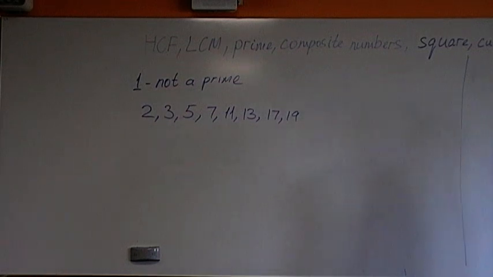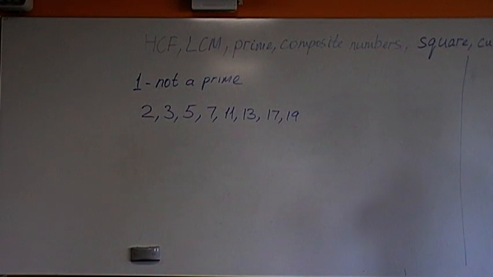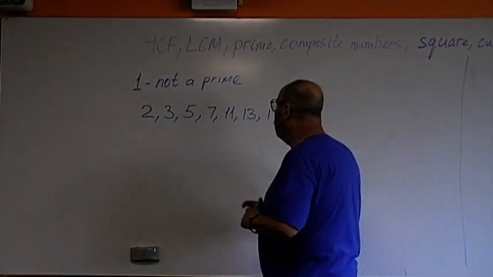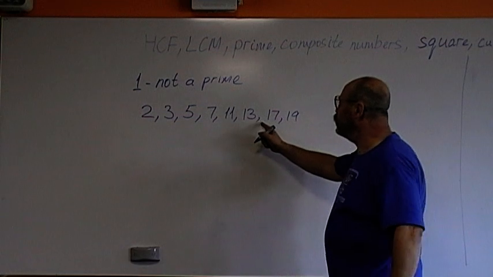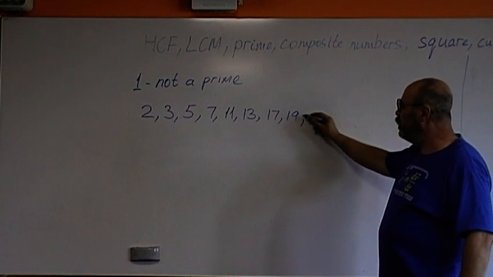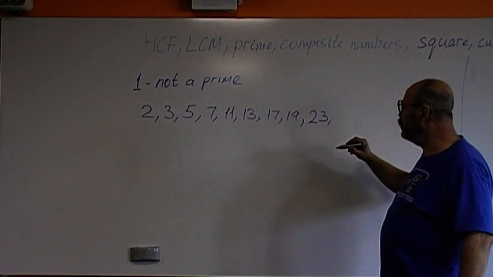Is there any pattern in the prime numbers? 3, 5, 7, then 9 is not prime. 11, 13. There is no 15 here. Next will be 23. Other than 2, they're all odd numbers.